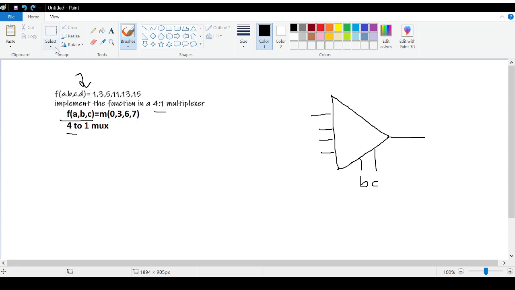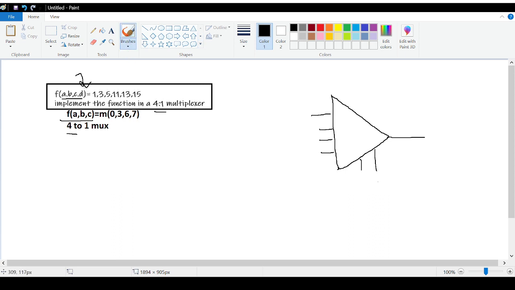Now, in this example, if we implement a 4-bit function using a 4 to 1 mux, then again I have 2 bits as selector.